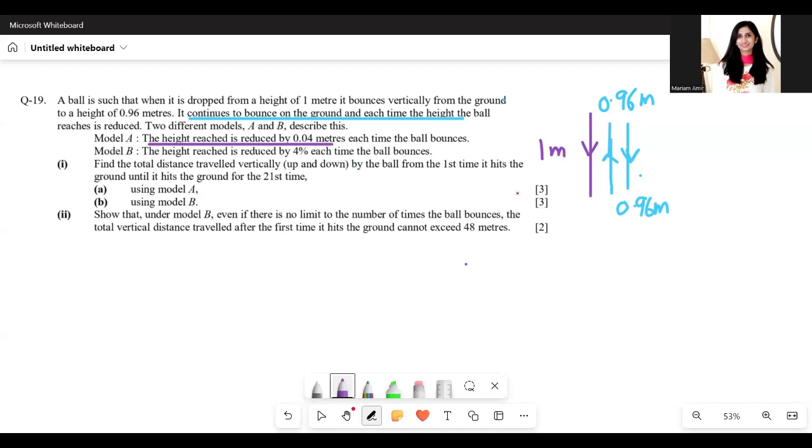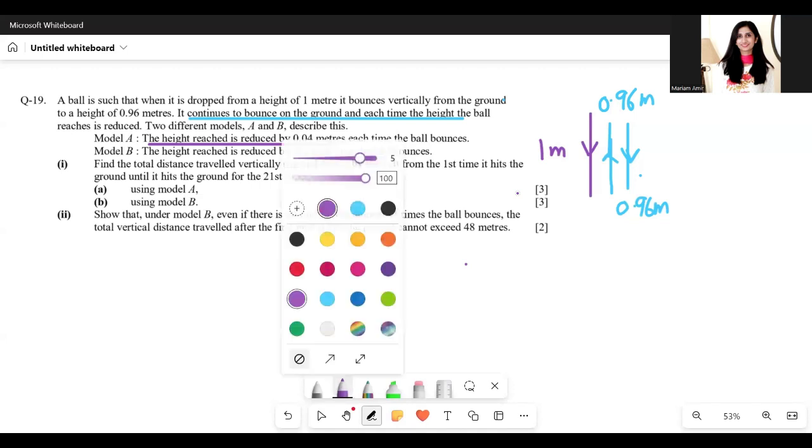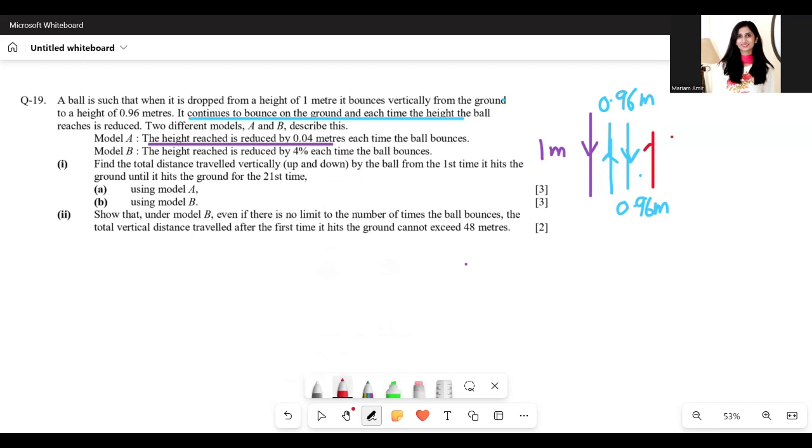So if we're using this model, in the next trip this ball is going to go upwards and cover a distance of 0.96 minus 0.04, which is 0.92.